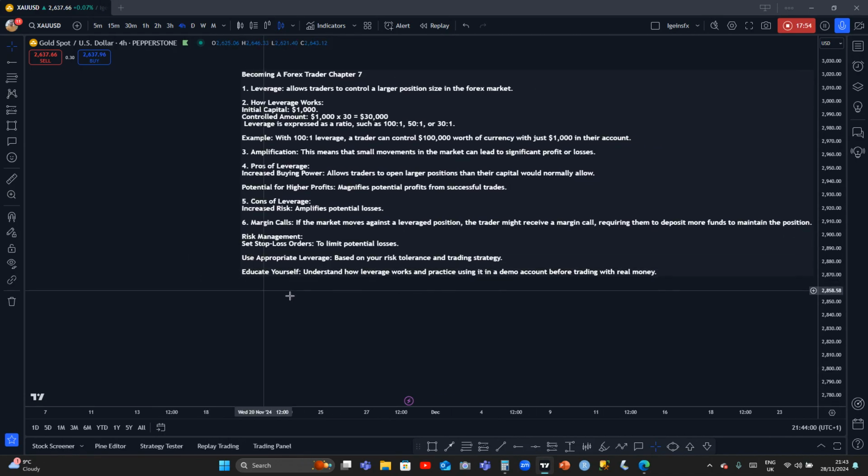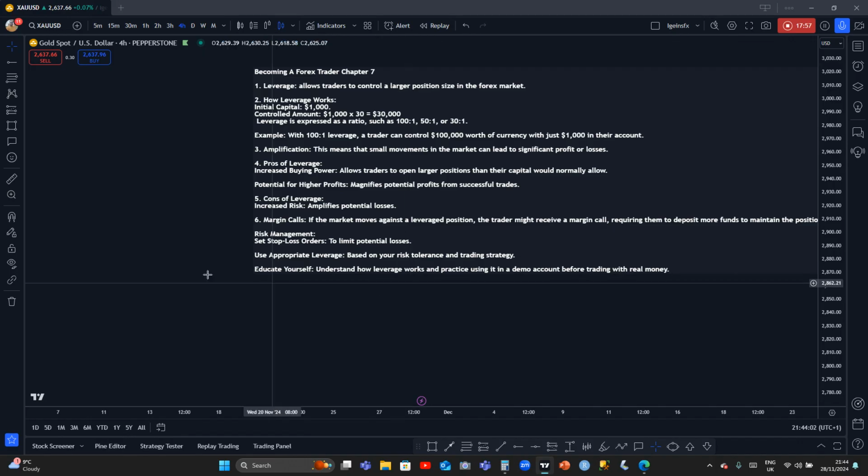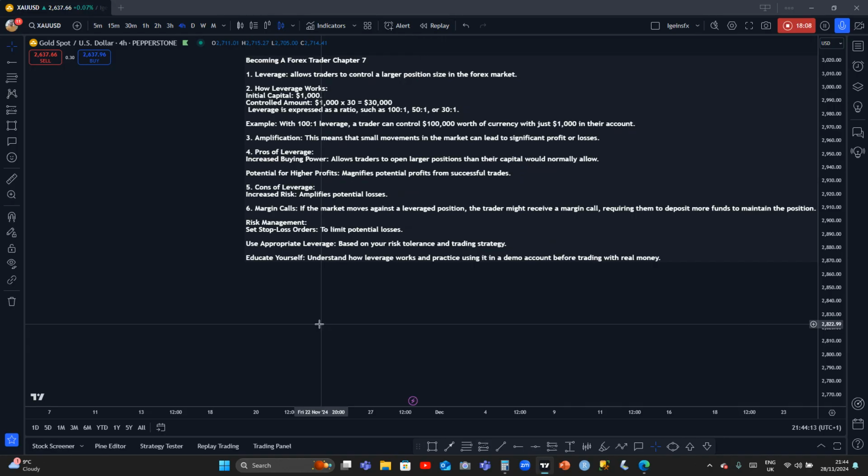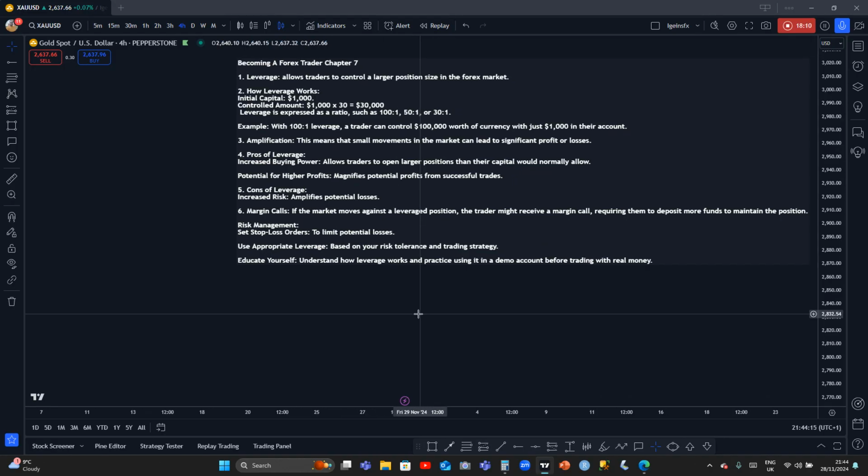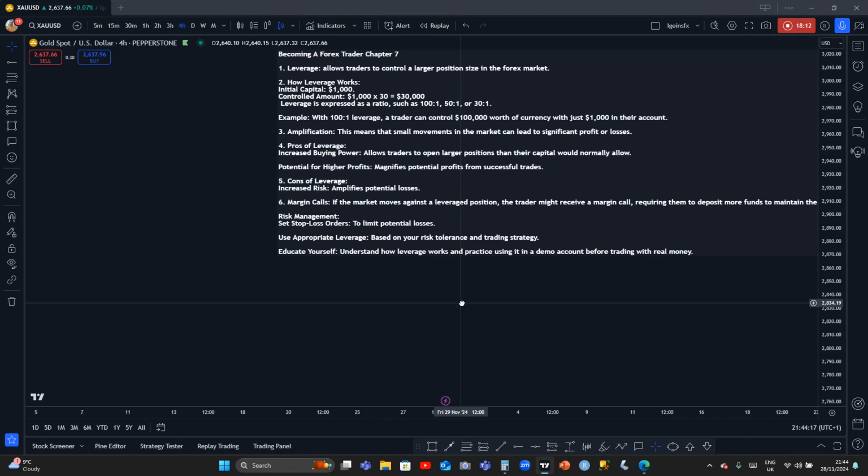It increases buying power. Then there is the potential for high profit: it magnifies potential profit for a successful trader. And if you are not a successful trader, if you are not good, that means you will be in loss. That is a big problem.